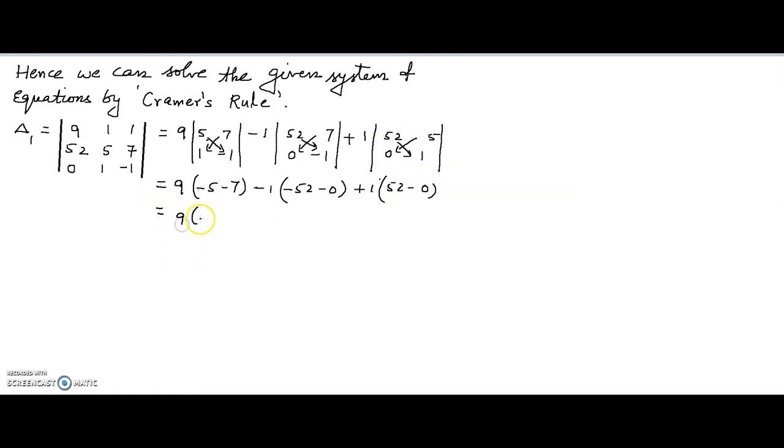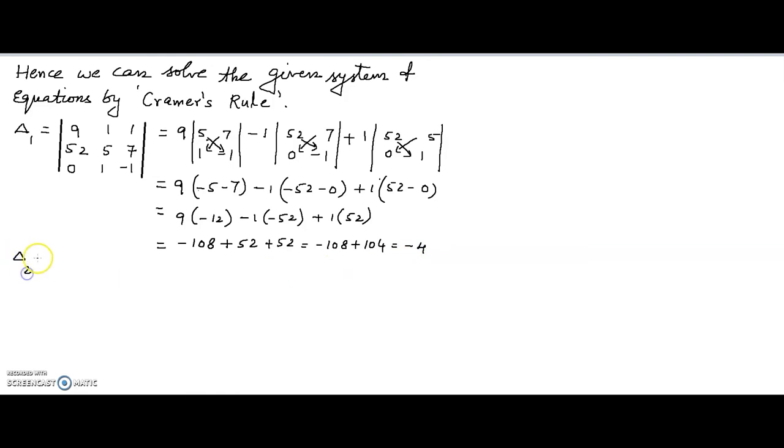So 9 into minus 12, minus 1 into minus 52, plus 1 into 52. So 12 into 9 is 108, minus 108, and minus into minus is plus 52, plus 1 into 52 is 52. So we have minus 108 plus 104, which is equal to minus 4.